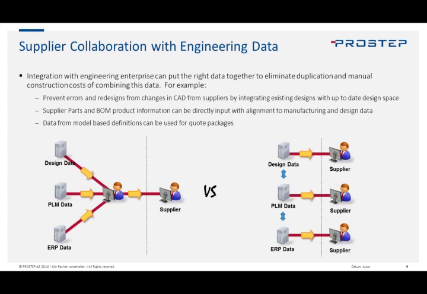That also might be something like doing some design synchronization, having an up-to-date design space for the suppliers, having them directly integrated into your TDM, but the efficiency of driving that BOM structure already from your PLM into your TDM is going to allow that to happen. And also stuff with supplier parts and BOM information aligning to manufacturing. You'll see that supplier collaboration with an integration can be greatly efficiently dealt with, automated in a lot of cases.